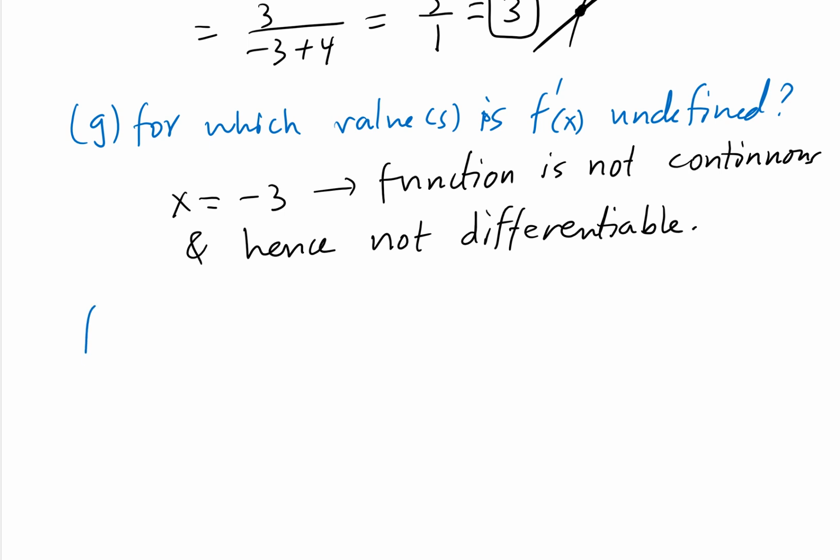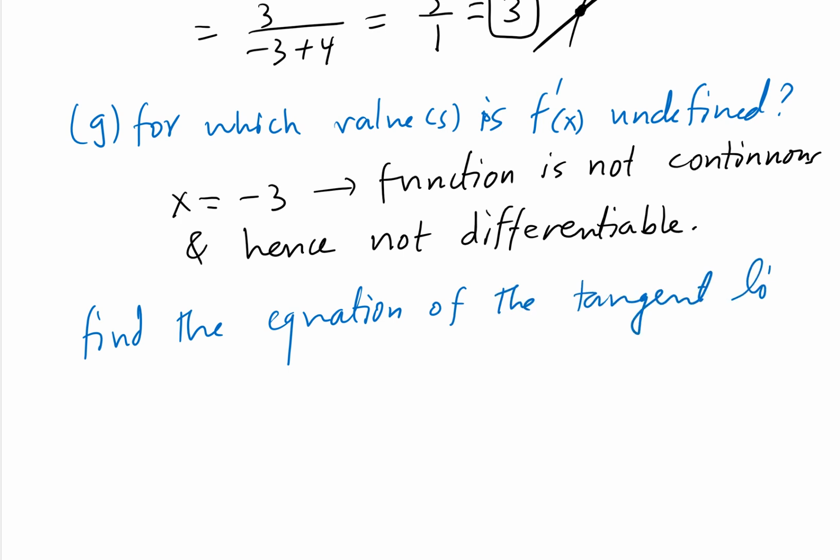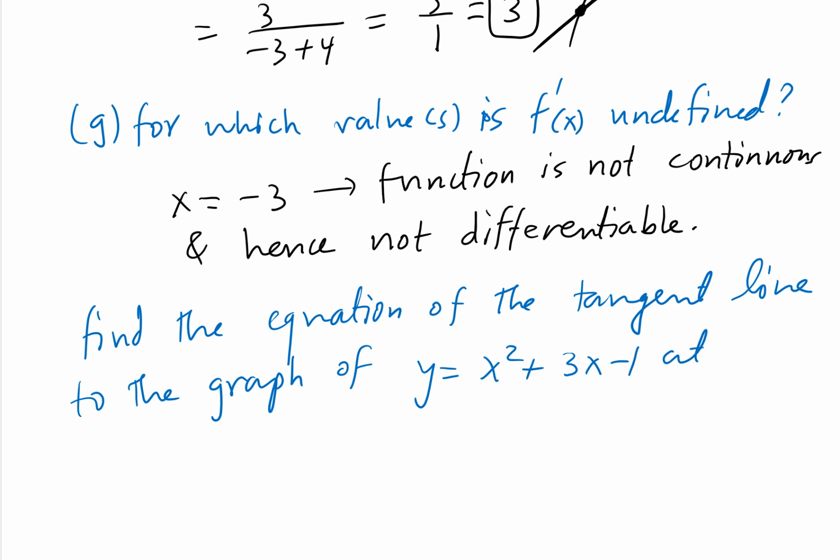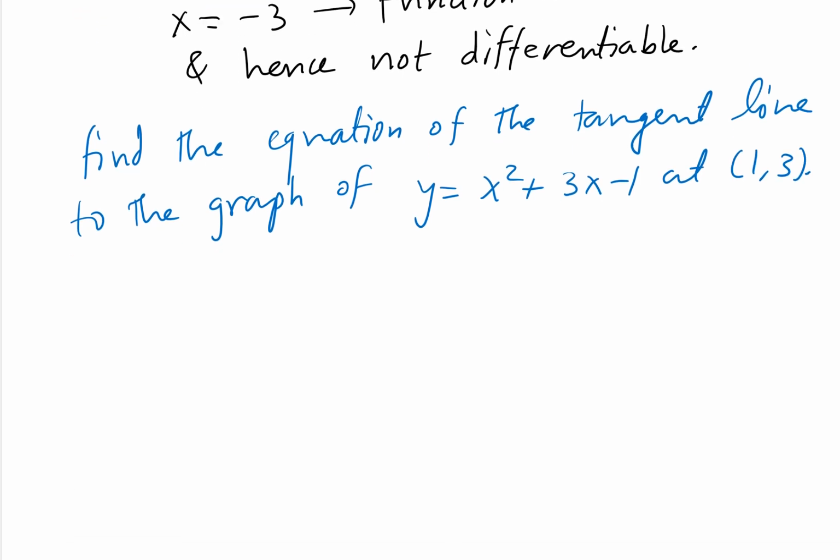What about trying to find the equation of the tangent line to the graph of y equals x squared plus 3x minus 1 at (1, 3)? How do you do that? We need to find the derivative, which is 2x plus 3.